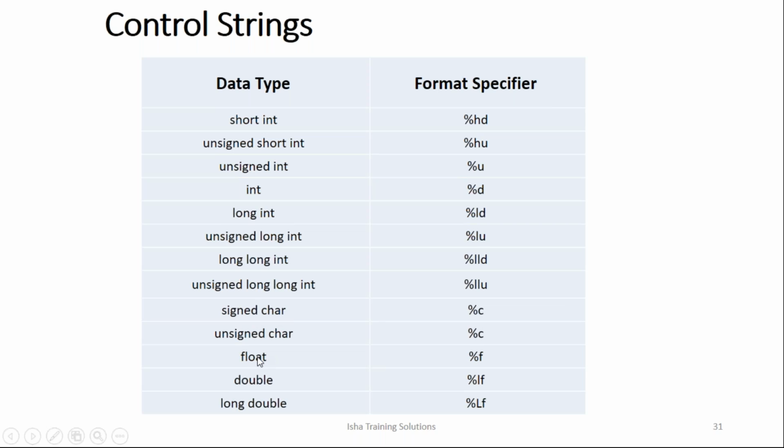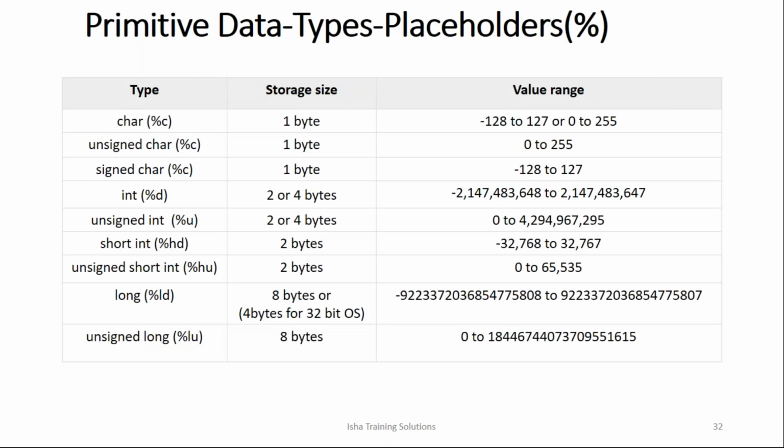We have seen float and we have mentioned it as %f. We have many other data types here. We will understand what they are and why we need these different data types in the coming slides. Now see this.